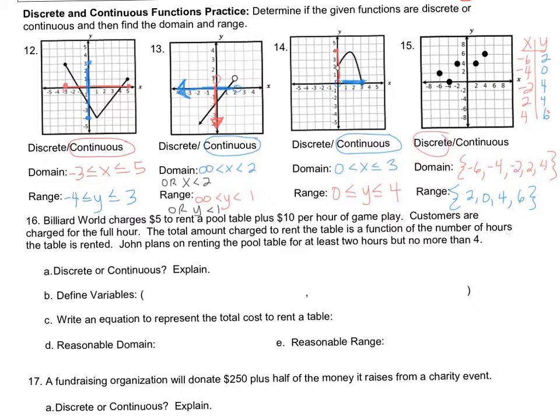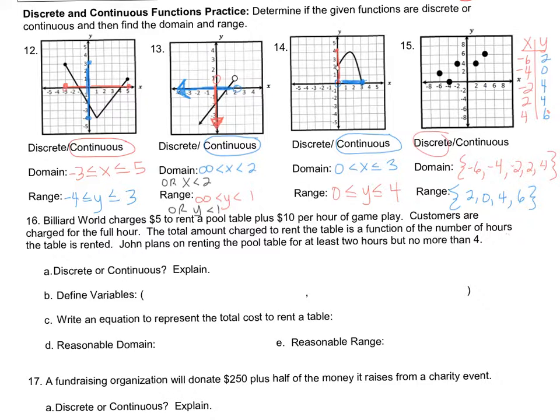Number 14, it's probably the most difficult, making sure you got your inequality symbols correct. It can be a little bit challenging if you don't write it on the X and Y axis the way we've been doing. And then number 15, just remembering it is discrete because it's disconnected points, and making a table of all the points before writing your domain and range in brackets.